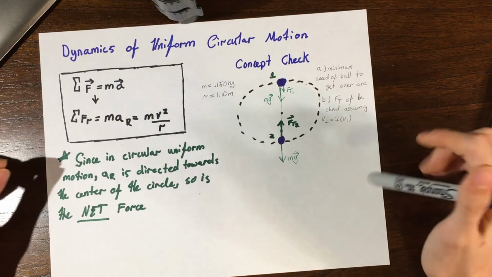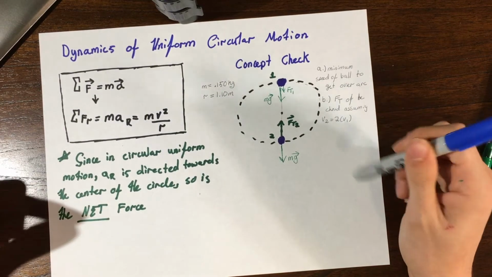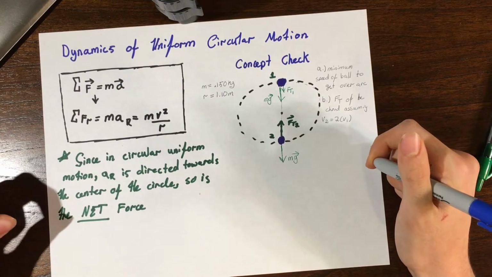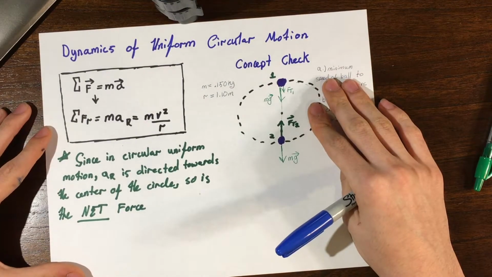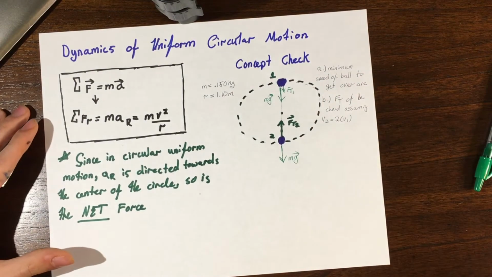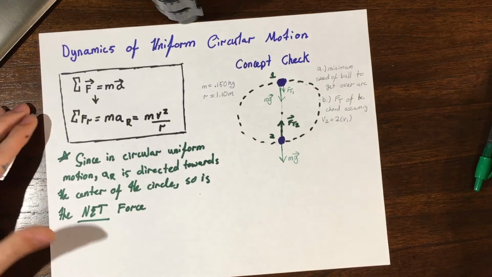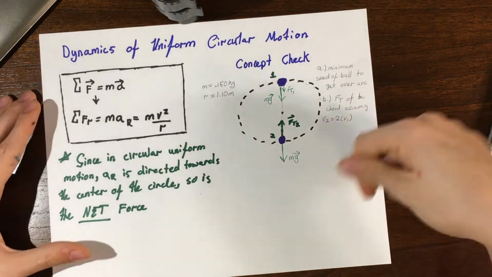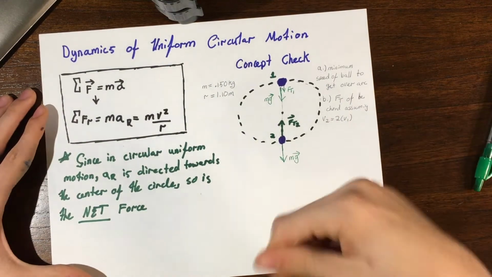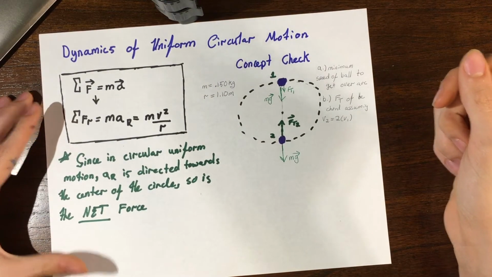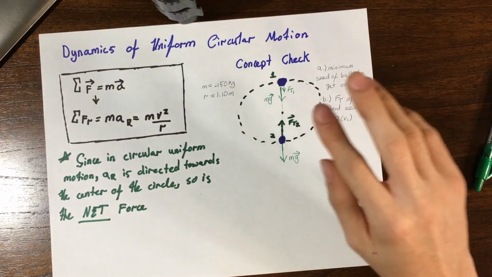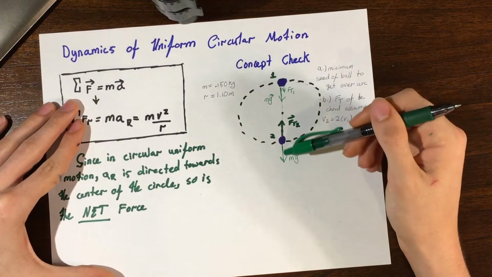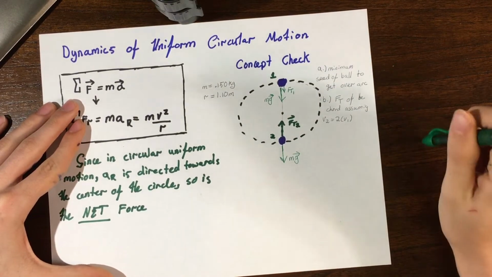Since in uniform circular motion, radial acceleration is directed towards the center of the circle, so is the net force acting on the object. The classic example for this, as I mentioned earlier, is a ball being swung around in a circle in uniform circular motion. We're going to have 2 points of interest: one at the top, whenever the ball is on the top, and one at the bottom.